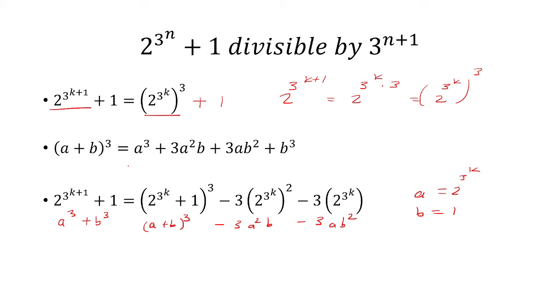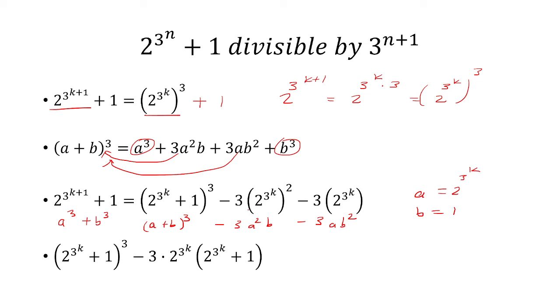So basically I'm taking this equation and subtracting the 3a squared b and the 3ab squared. And then I just change the order. So a cubed and b cubed are on the right in this formula, but they're going to be on the left here, and whatever is on the left here is going to be on the right. So it's a little reverse. Okay, so that's what's happening over here.